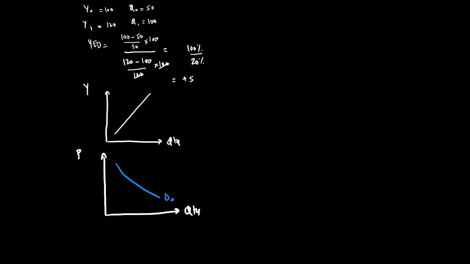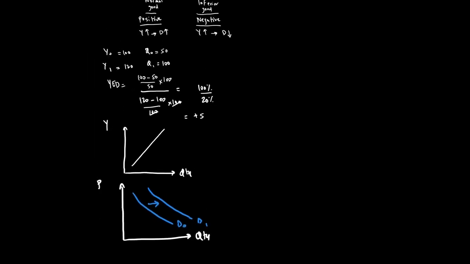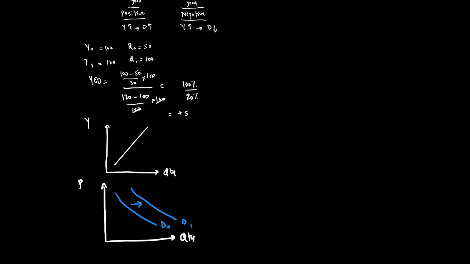So my demand curve will shift to the right because my income is rising. So for normal goods, we will see that the YED will be positive, where the demand curve will shift to the right, or as income rises, our quantity will go up from Q1 to, let's say, Q2.